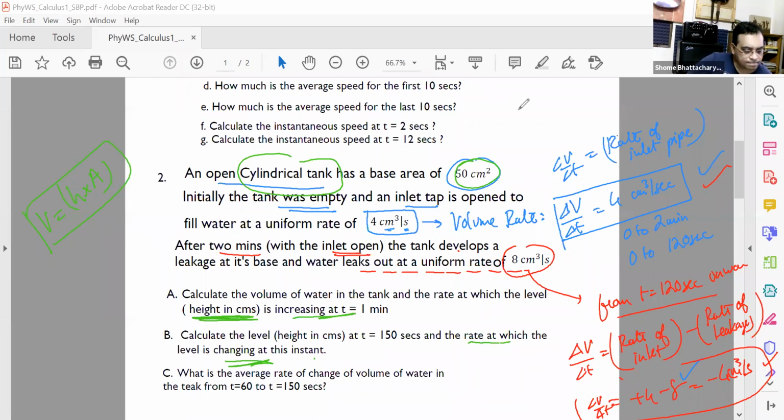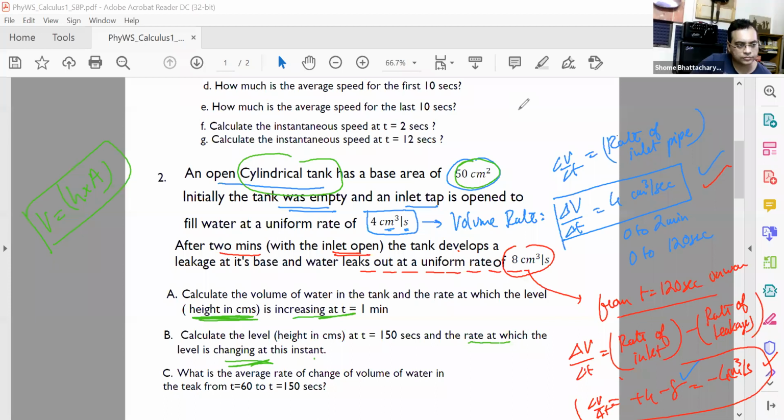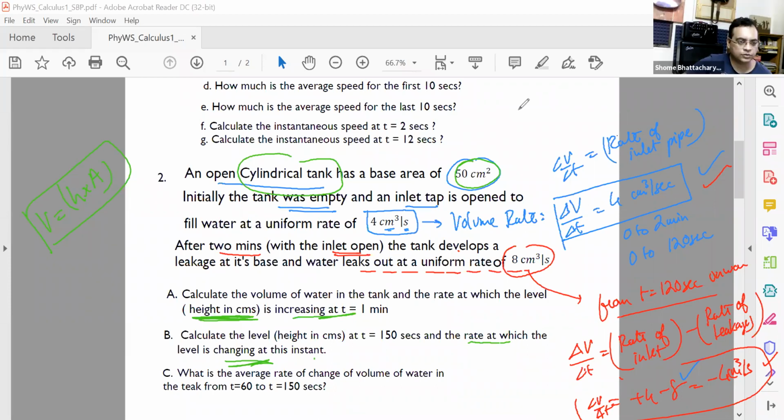If you have to calculate the rate at which the level is changing, then over there we'll first take out the height of water, what it was initially at 0, and the other one at 1 minute, and then h2 minus h1 upon 60 seconds in the first case, right? Yes, we can do that also. Or we can do a little bit of a shortcut, which I'm going to show you next.